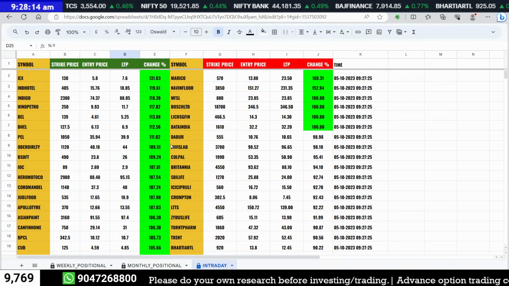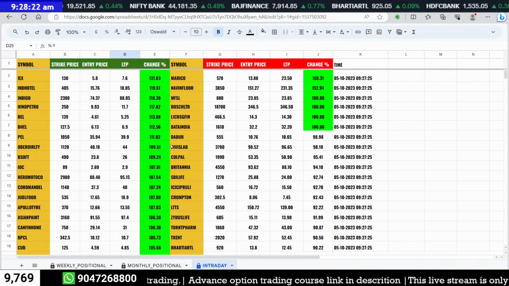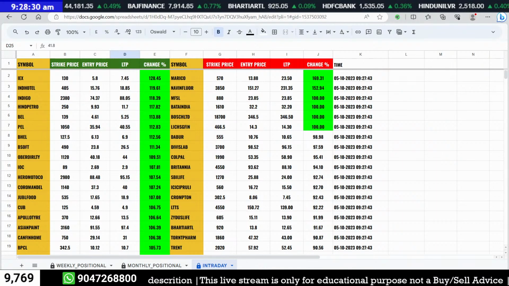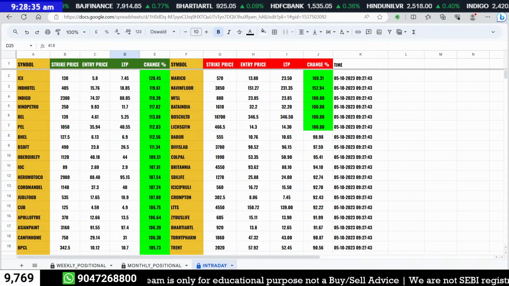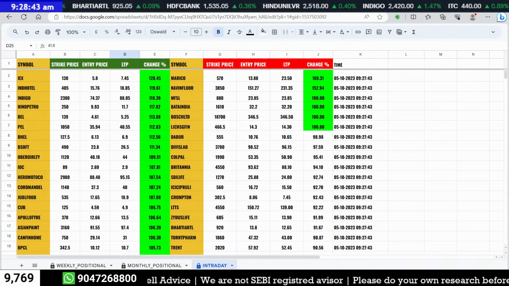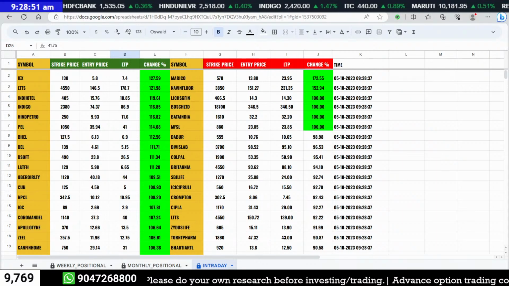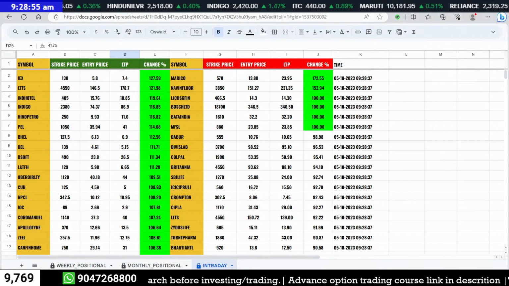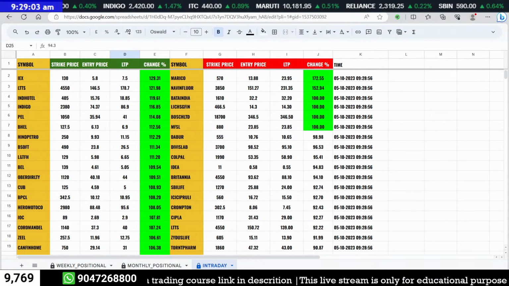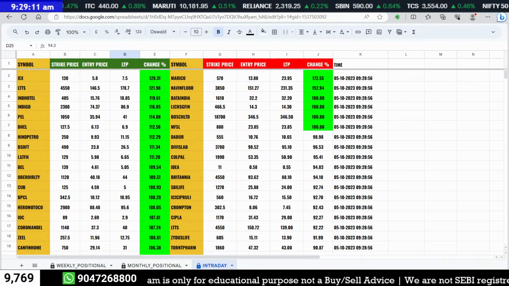Indian Hotels is also moving good. Navin Fluorine. LTTS.